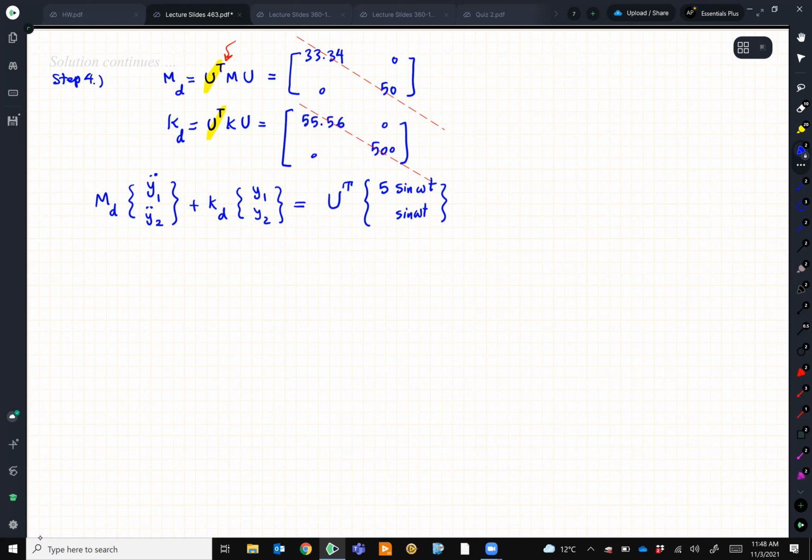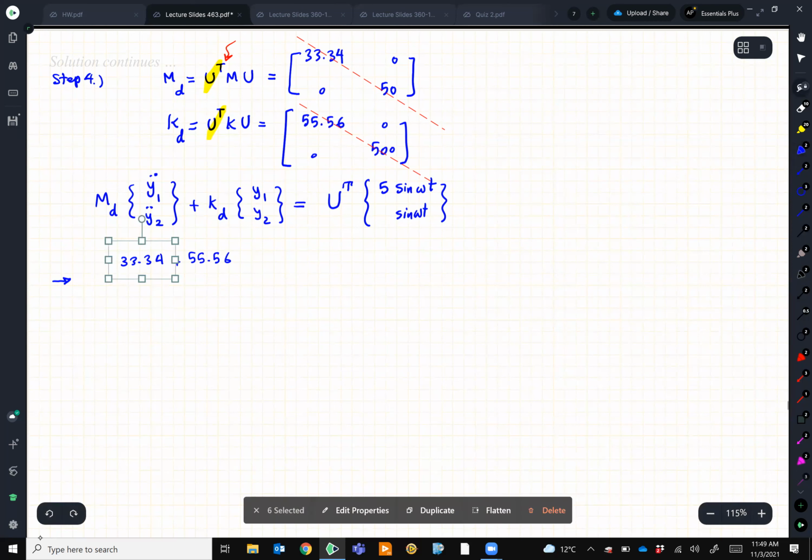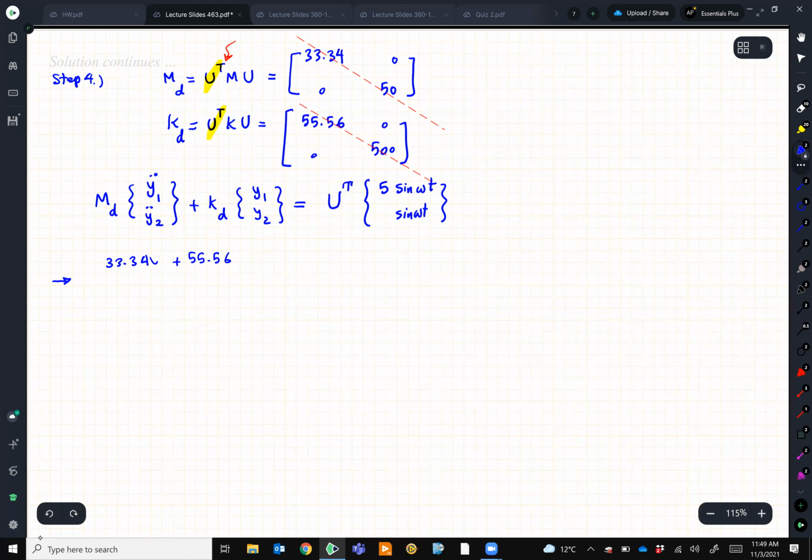Right? So it is all matrix multiplication, which you can do, and let's do that. If you put M D, you're going to get 33.34 plus 55.56 y double dot 1, and y1 is equal to 4.33 sine omega t.